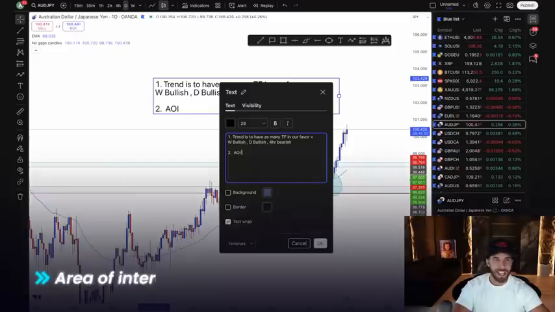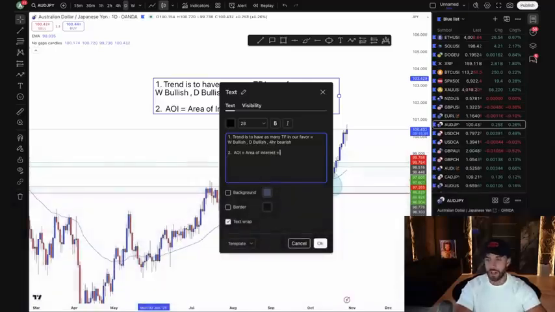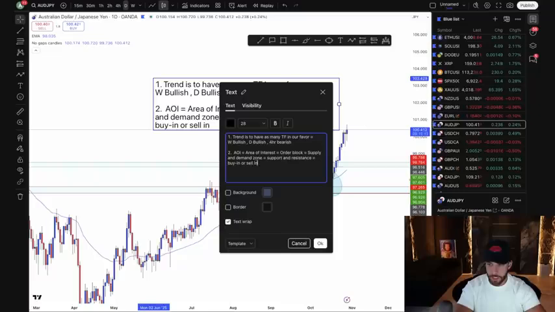Next is going to be AOI, which is equal to area of interest, or how other traders like to call it, order block, or how other traders like to call it, supply and demand zone, or how other traders like to call it, support and resistance, or how other traders like to call it, buying or selling zones.